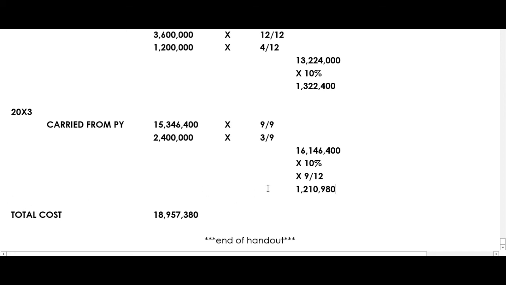Tapos, later on, after mong i-capitalize lahat, atsaka mo siya ibangga dun sa recoverable amount, kung mas mababa ang recoverable amount niya, yung excess dun sa kinapitalize mo will be recognized as a loss. Okay? So, yun yung treatment natin dyan. Okay? So, yan yung end ng ating discussion ng borrowing cost.